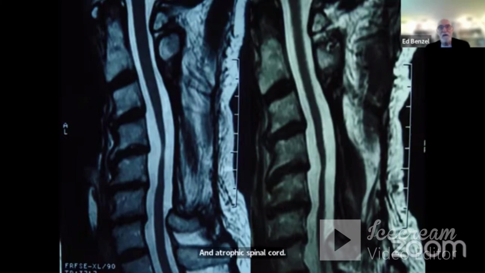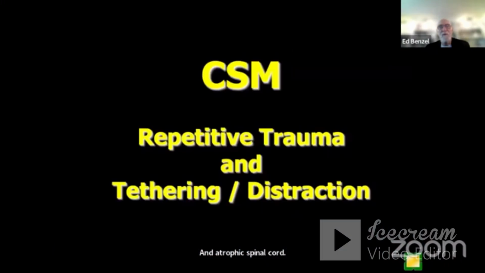And so we said, well, what is going on here? Well, let's go back to the principles that I talked about. Cervical spondylotic myelopathy is a manifestation of repetitive trauma and tethering and distraction.